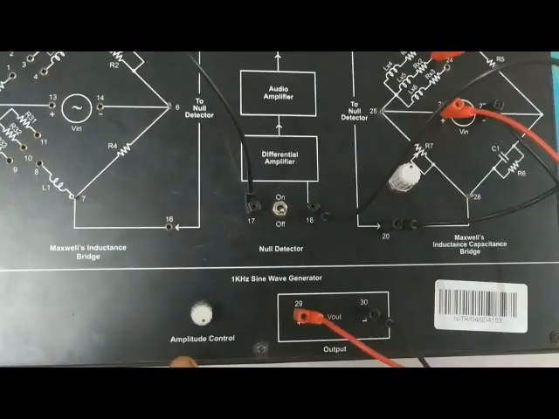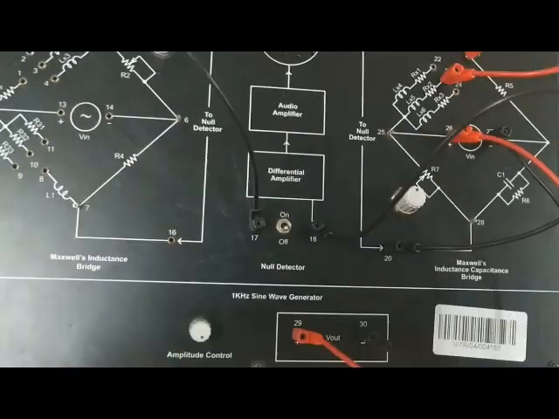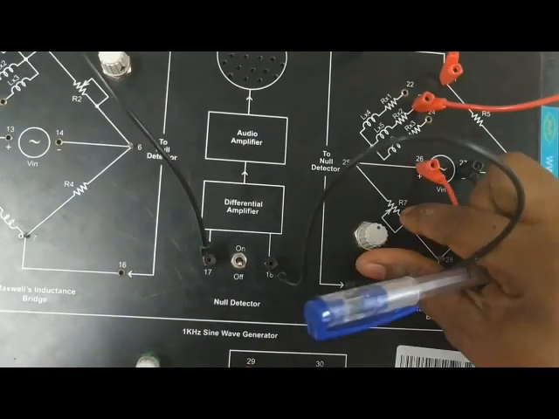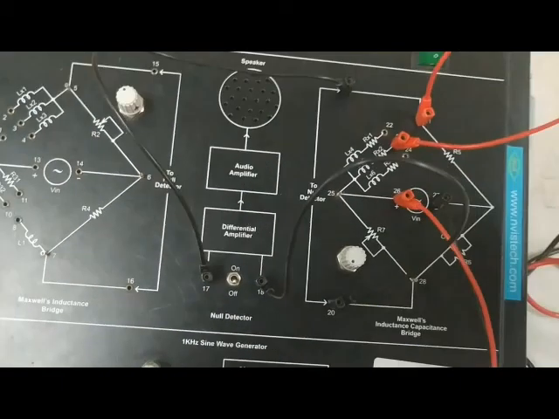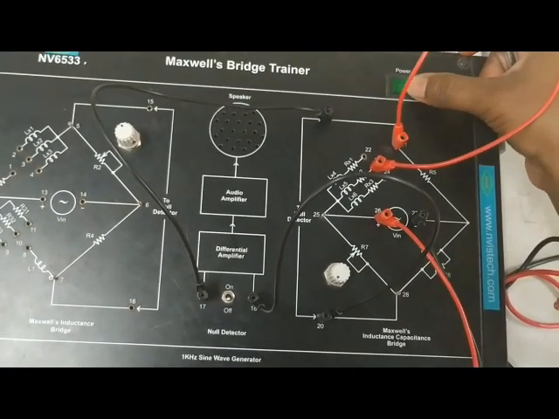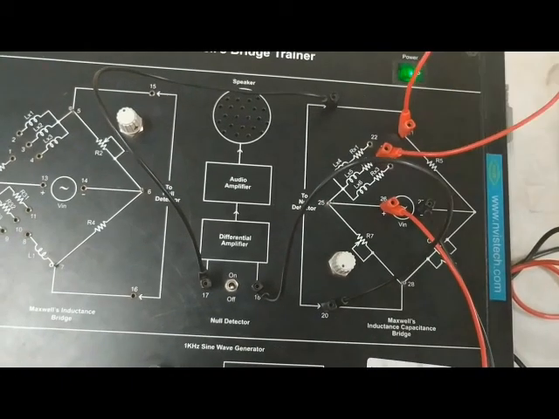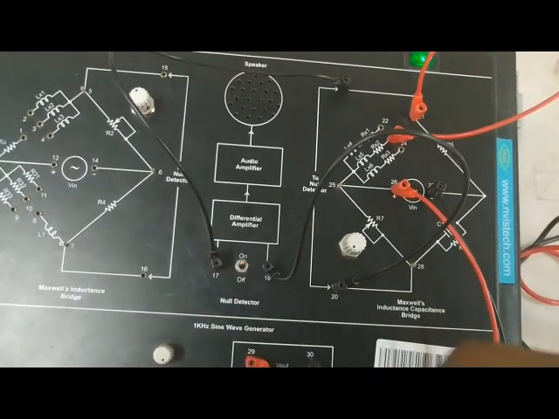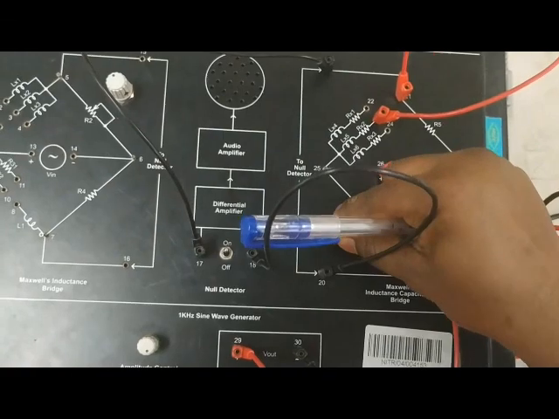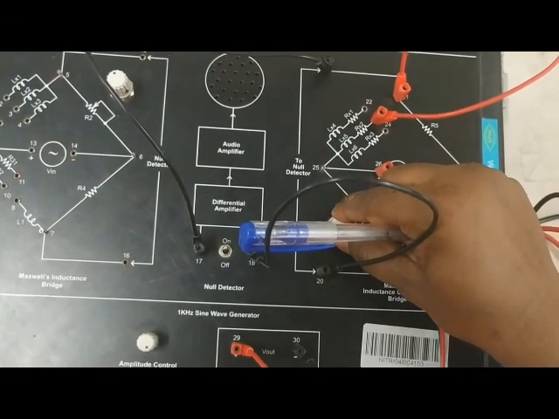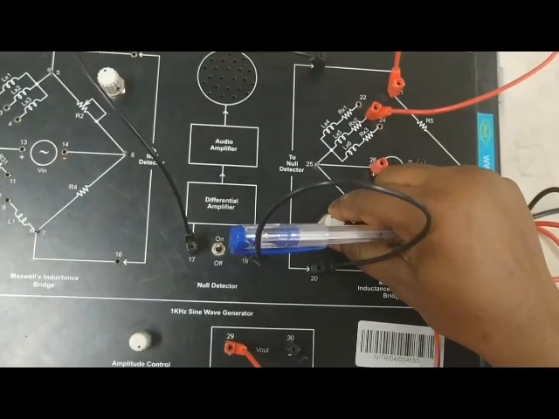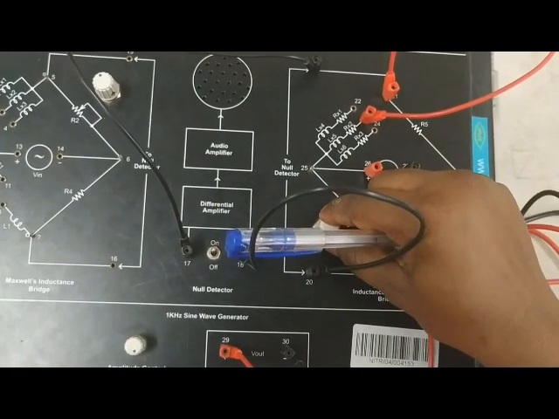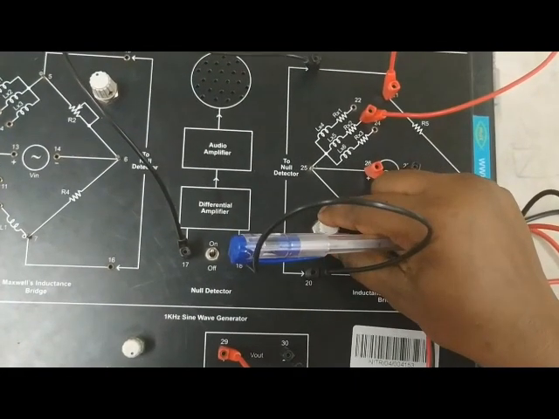Let me check the amplitude control in maximum position and the potentiometer in minimum position. So let us start. Switch on the power supply, switch on the null detector and vary the potentiometer very precisely where the noise is minimum. That was the balance condition of this bridge.